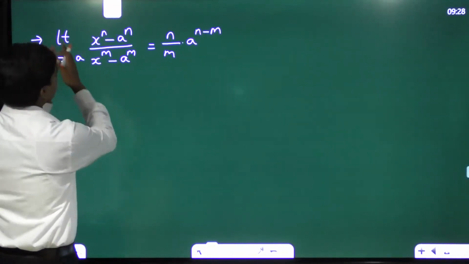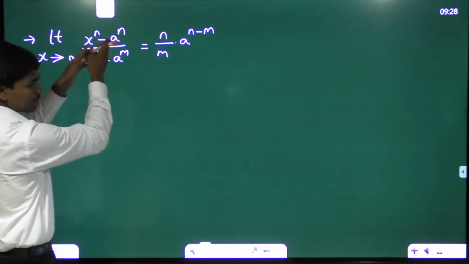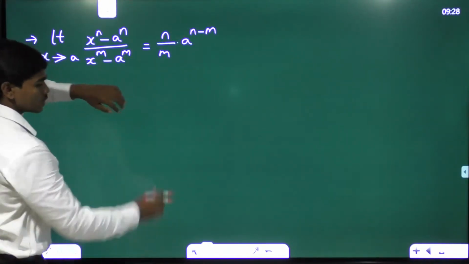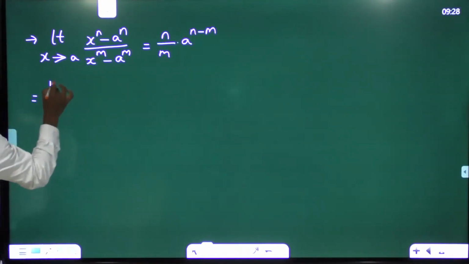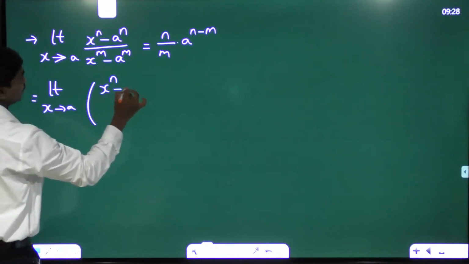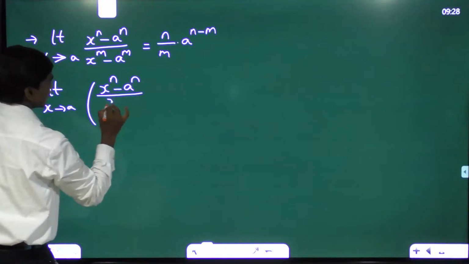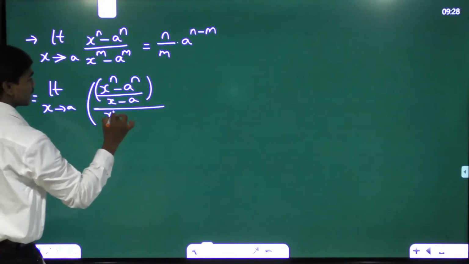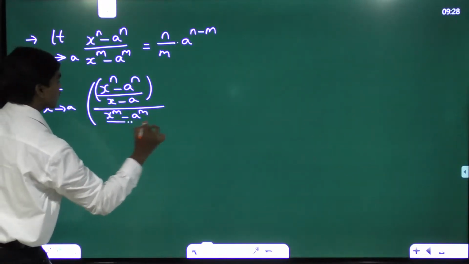We have seen if limit x tends to a, (x^n - a^n) by (x - a) is here, then we got n into a^(n-1). So to get this, let us see here. Can I make a small modification here, which you may allow me to do, divided by (x - a) whole divided by limit (x^m - a^m) divided by (x - a).